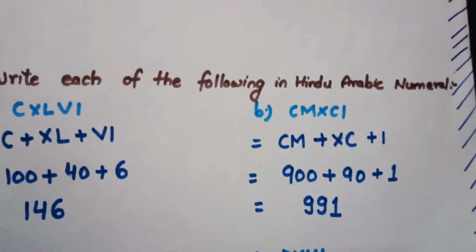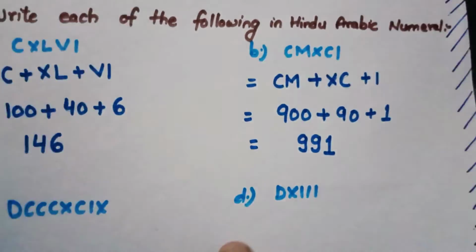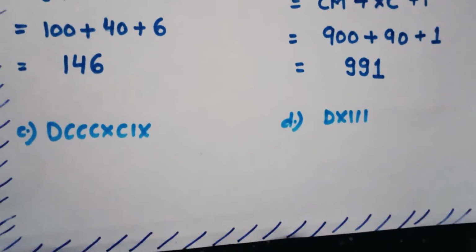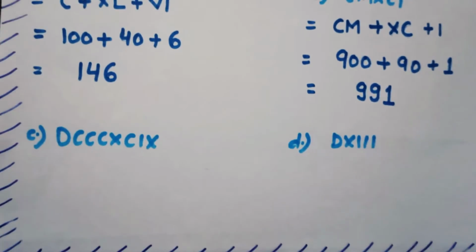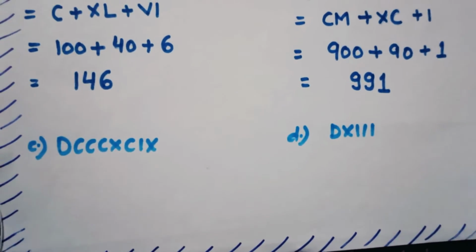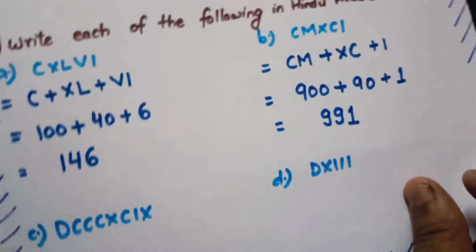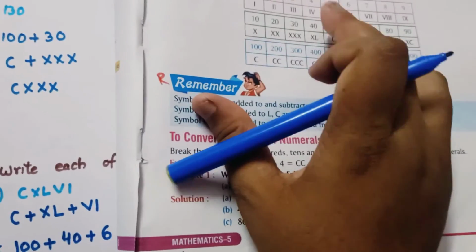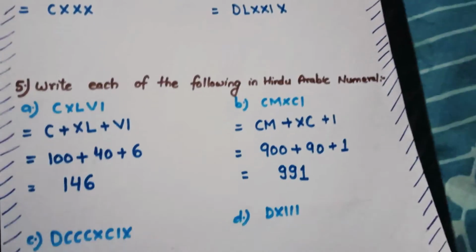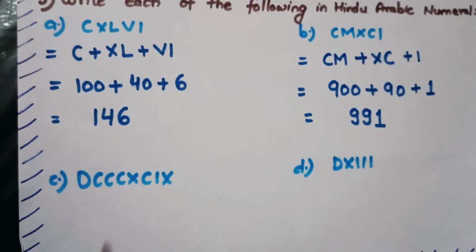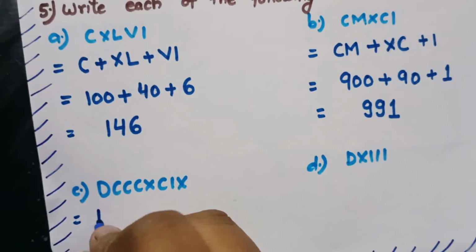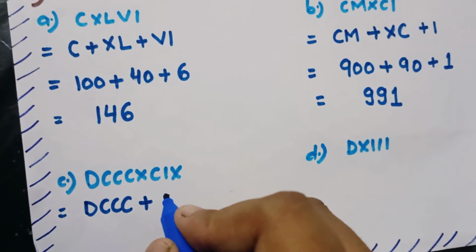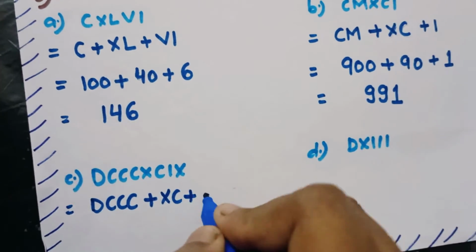Okay. Now our next question is DCCCXCIX. And I hope all those who have learned these Roman numerals, this table actually, will easily come to know how to expand it. We have a specific number for DCCC and for XC also, then IX also.